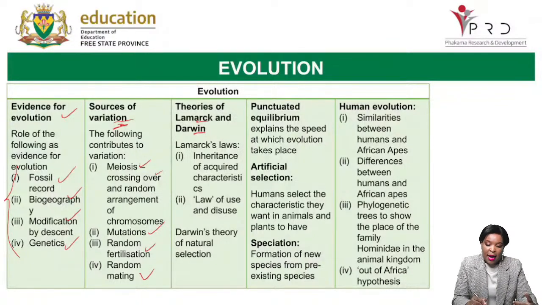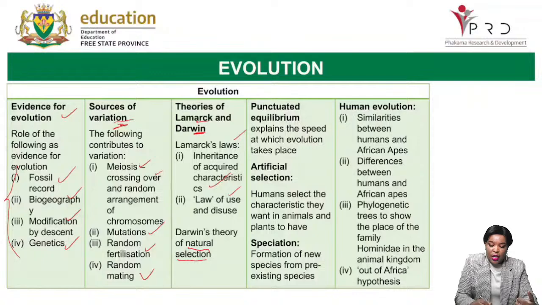Then you need to know or explain Lamarck's explanation of how he thinks organisms or species evolved. He uses his laws of inheritance of acquired characteristics and the law of use and disuse. And then Darwin explained the theory of evolution through natural selection.